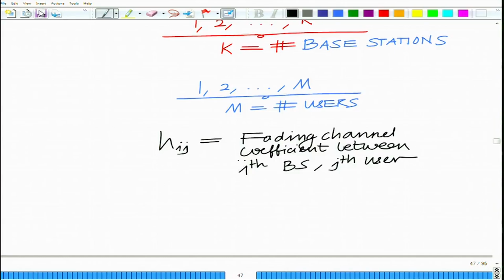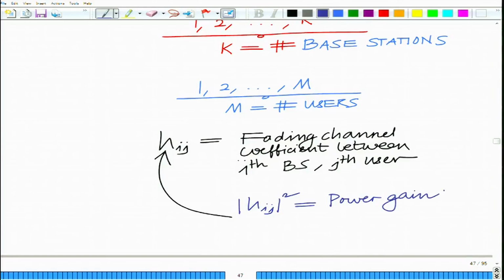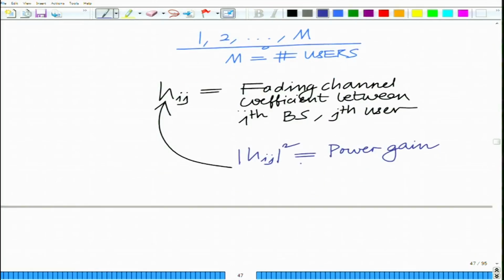Hij is a fading channel coefficient. If you look at magnitude Hij square, this represents the power gain, or what is conventionally known simply as the gain. There can also be an amplitude gain, which is given by magnitude Hij.